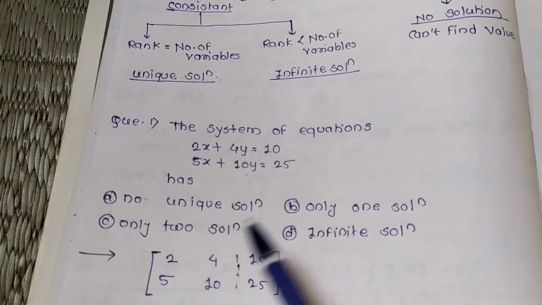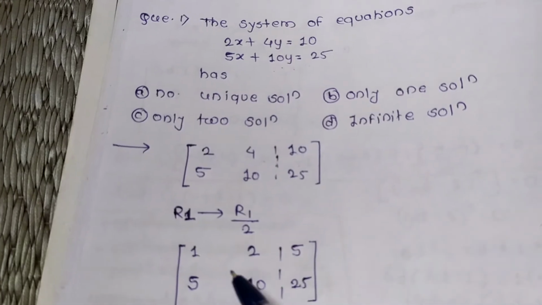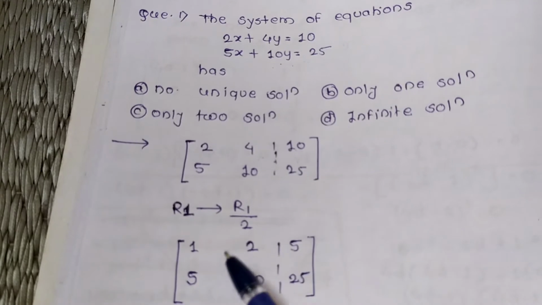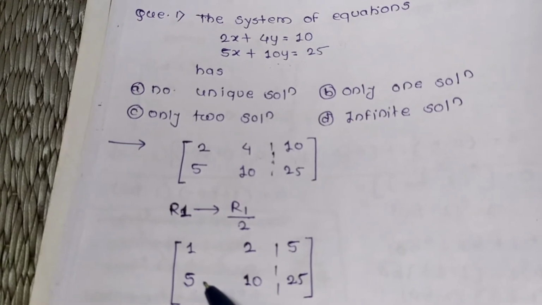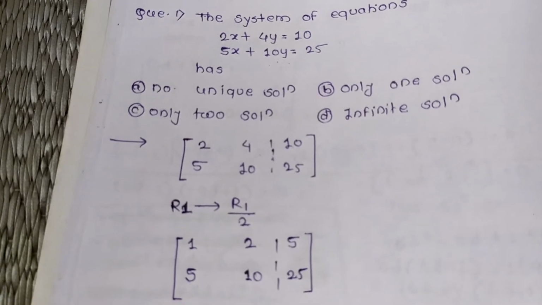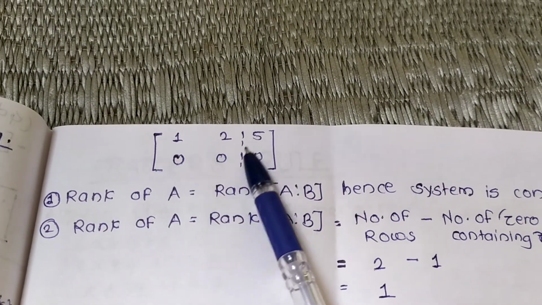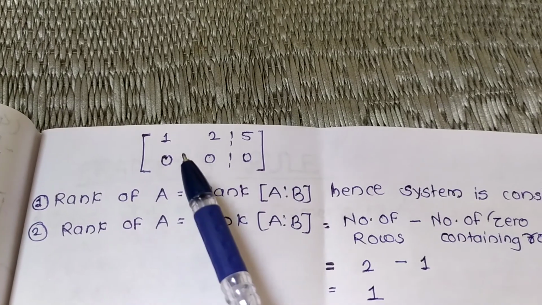Then we get this matrix, which is easy for calculation. Now R2 minus 5 R1. Now we get this matrix C.